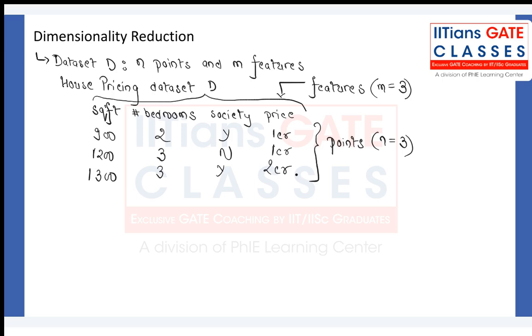So from m features, you might want to have a subset of m features, let's call it m prime, where m prime is a subset of m. Basically you're trying to reduce the dimensionality of the data. You're trying to reduce the data from 4 features to, let's say, 2 features. Okay, this is called dimensionality reduction.